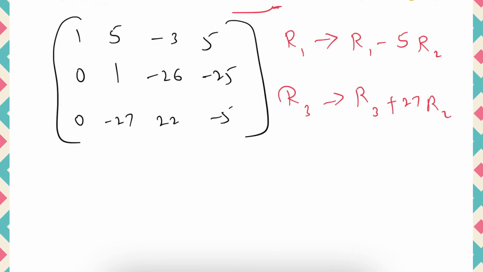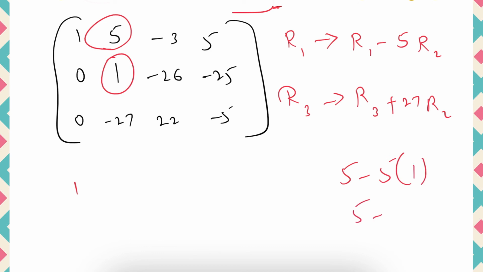Let us do this now. Okay, now first R1 we need to solve, right? So R1 is nothing but R1 minus 5R2. So R1 is 1 minus 5 into R2, 0. 1 minus 5 into 0, 0. 1 minus 0 is 1 only. So first element is 1 as it is. Next element, if you move to, R1 is 5 minus 5R2, 5 ones are 5. So 5 minus 5, it's nothing but 0. So here it will be 0.